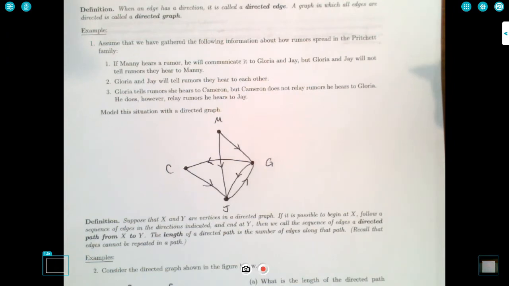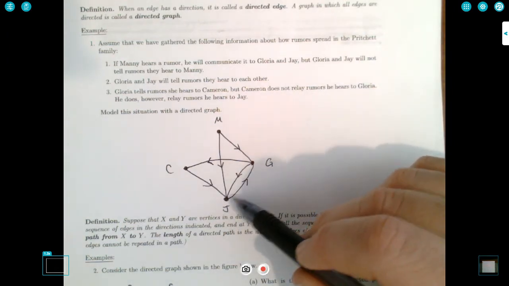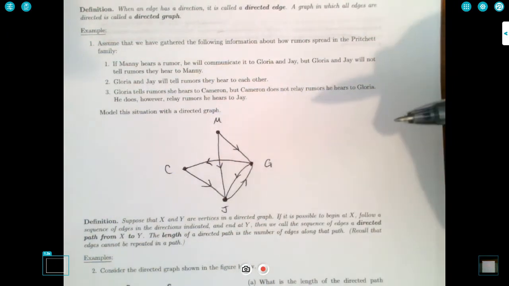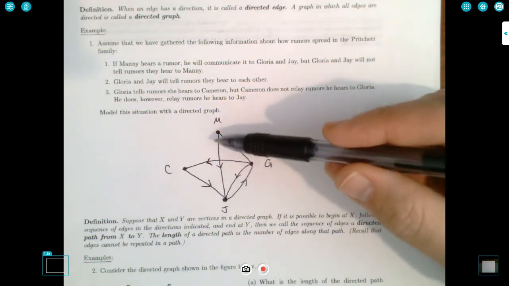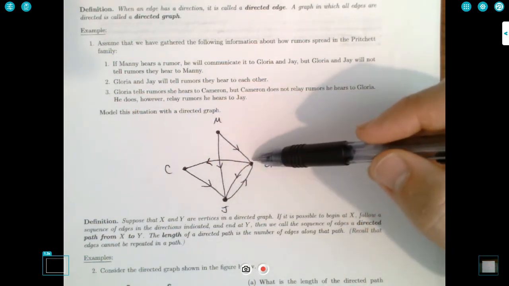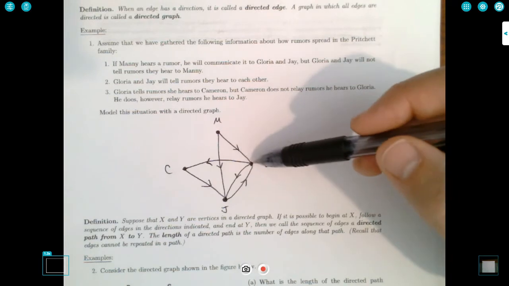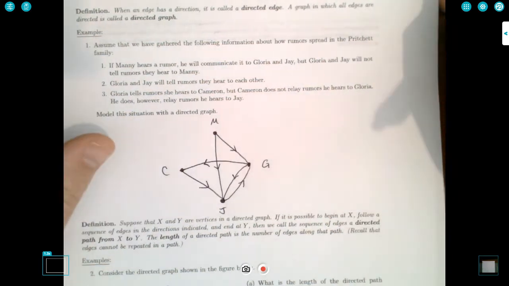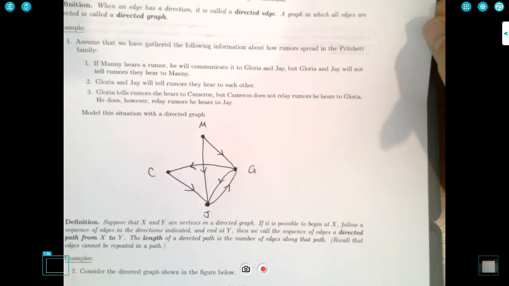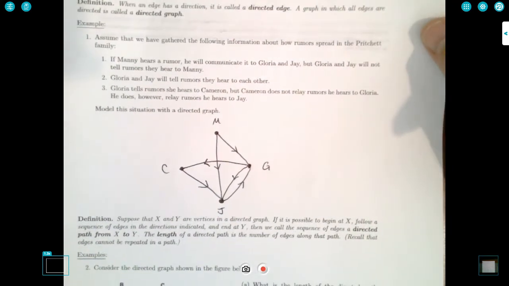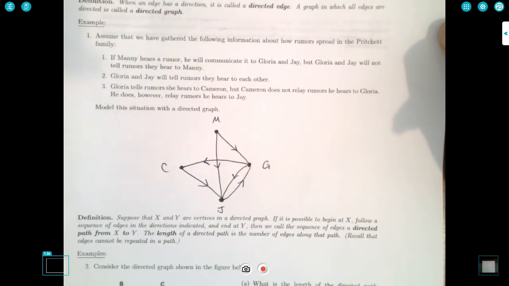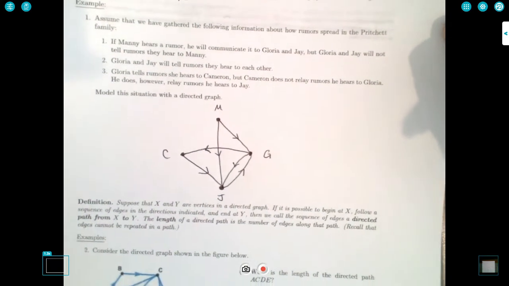Jay, however, does not talk to Cameron. But Jay talks to Gloria, who talks to Cameron, so I guess by that token, Manny talks to Jay, who talks to Gloria, who talks to Cameron. Or he talks to Gloria, who talks to... whatever. Anyway, that's that. Okay, so that's what that directed graph would look like.